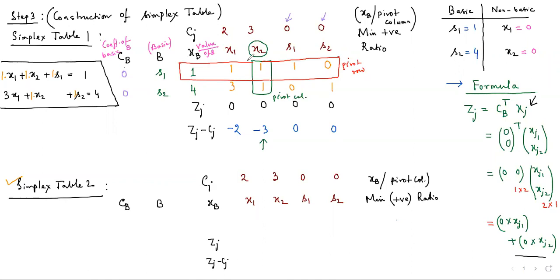That is my pivot row. This is the formula XB by pivot row, a specific formula. Exactly. The ratio will come from this formula, right? Exactly. This is a specific formula.